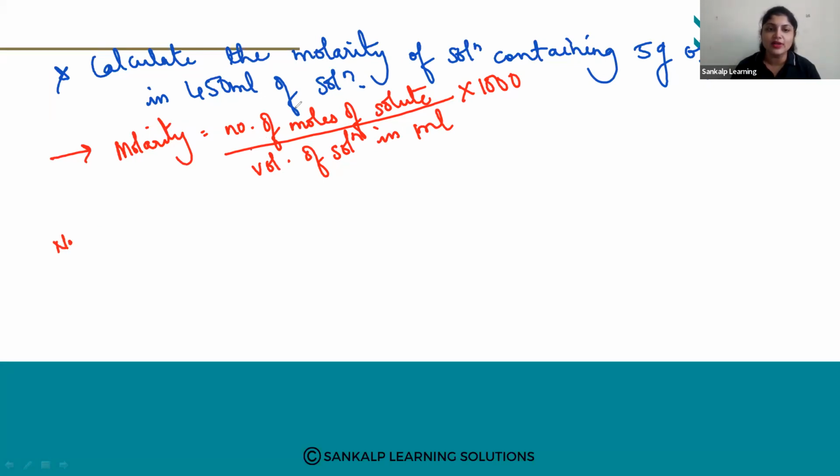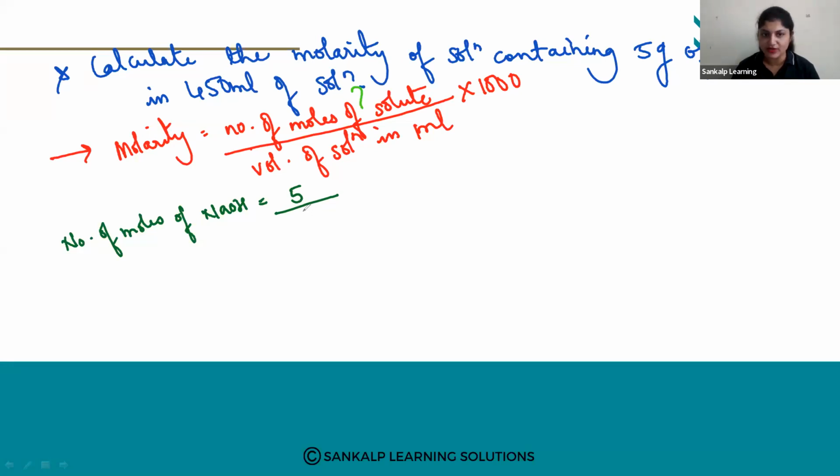We have to find first the number of moles of NaOH. How to calculate the number of moles of NaOH? It is the mass given, 5, divided by the molar mass.